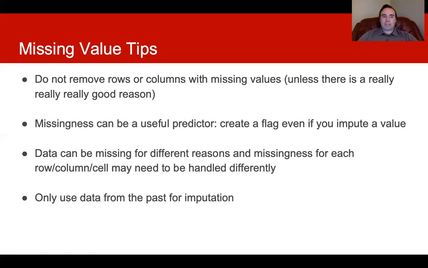Which I guess leads into the next bullet point here, that data can be missing for many different reasons, and might need to be handled differently in those different cases. In one extreme, if you're thinking again about that project where you're looking at predicting recidivism for mental health intervention, if somebody had no record in the jail booking table, that's probably not missingness in the sense that we need to impute something there.